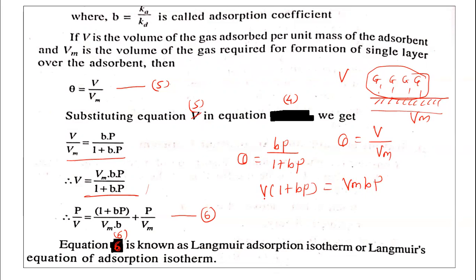Taking V on this side, it is p upon V, and taking Vm into b on this side, we can write p upon V equal to 1 plus bp divided by Vm into b, which gives 1 upon Vm into b plus p upon Vm.